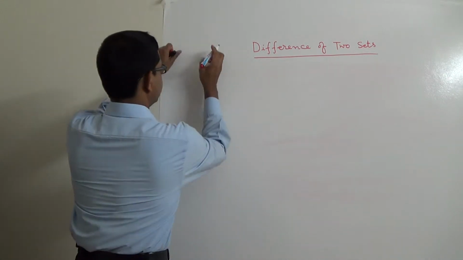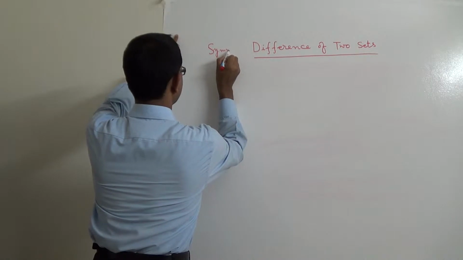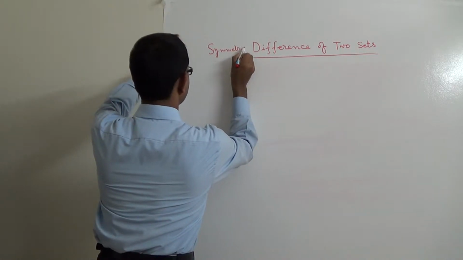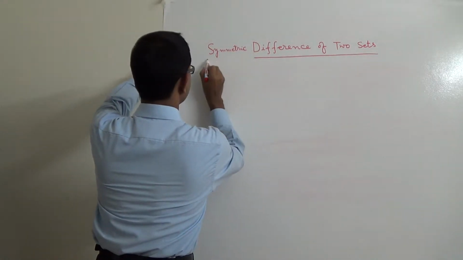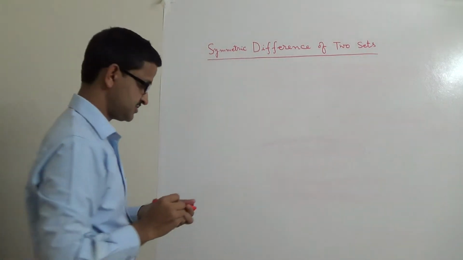So we just add another word called symmetric. Symmetric difference of two sets. What is meant by that?